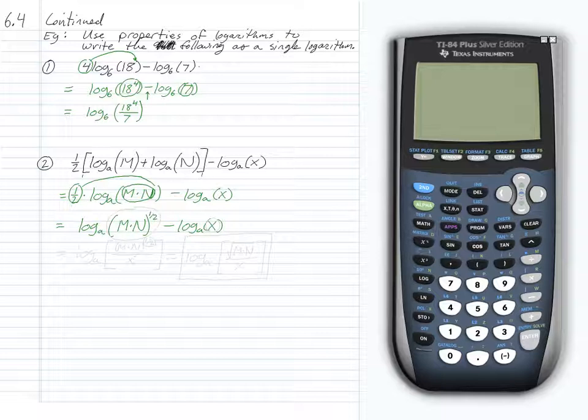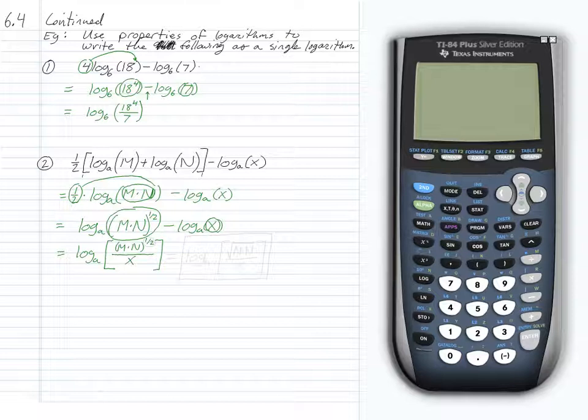Now I have a difference of logarithms, which I can again combine into a single logarithm. My numerator being what is inside my first logarithm, m times n all to the 1/2 power. My denominator being the argument of my second logarithm, in this case simply x.